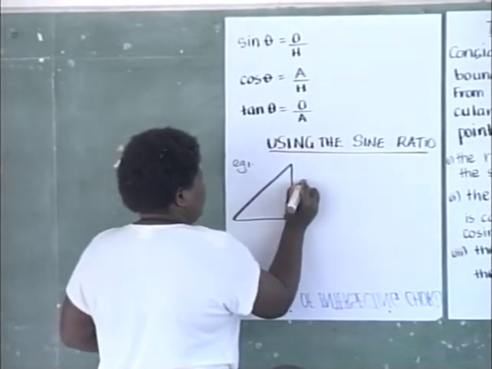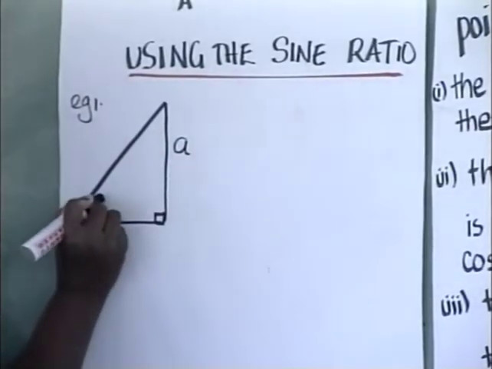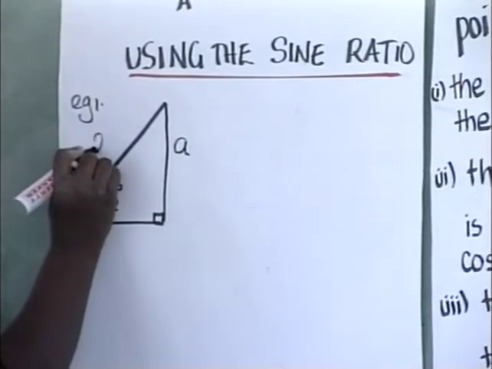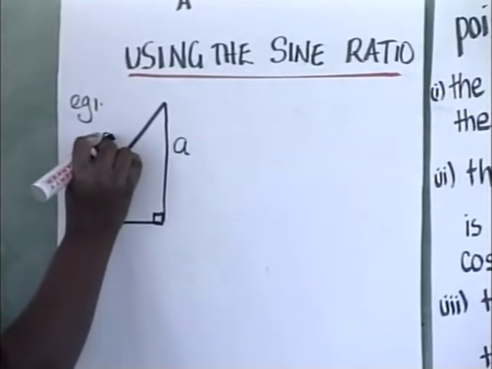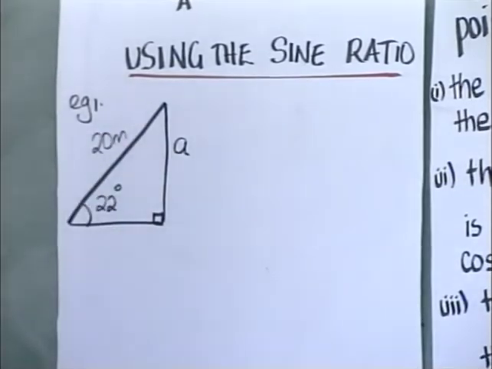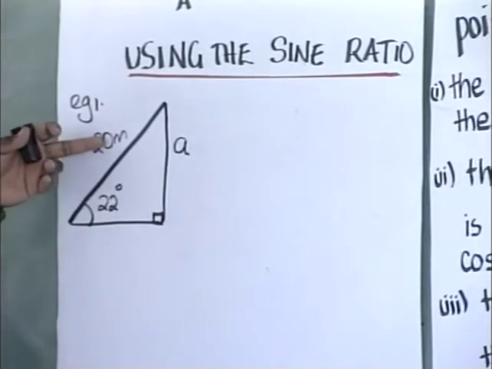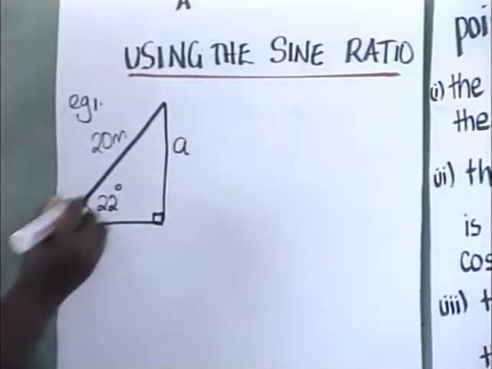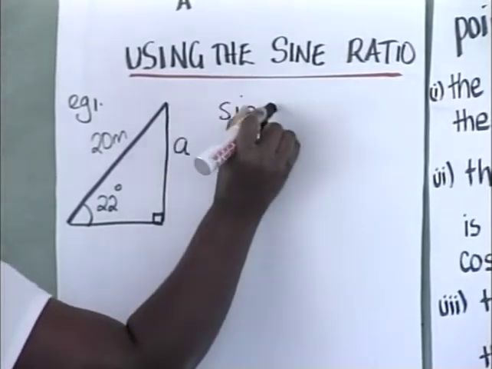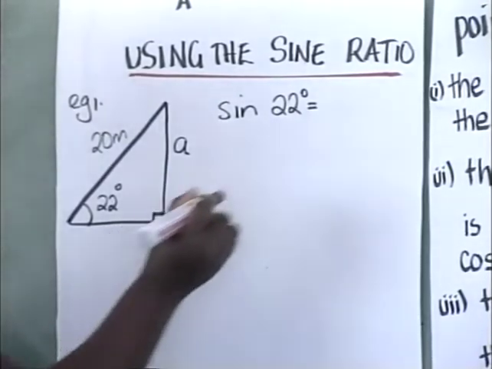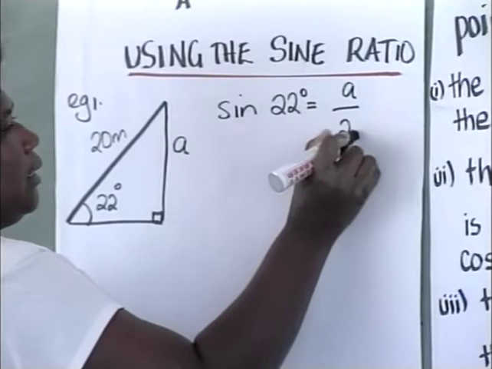Okay, if I have this angle 22 degrees and the side opposite it is A, and the hypotenuse is 20 meters, to find the side A, since A is opposite the angle and the hypotenuse is given, I will have to use the sine ratio. So sine of angle 22 degrees is equal to A over 20.